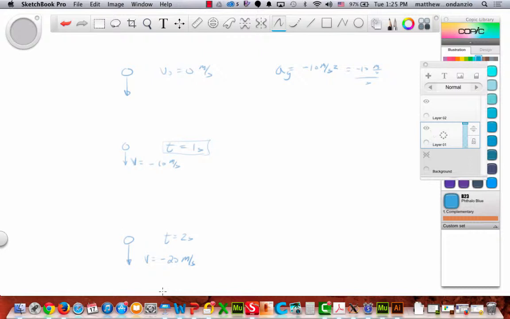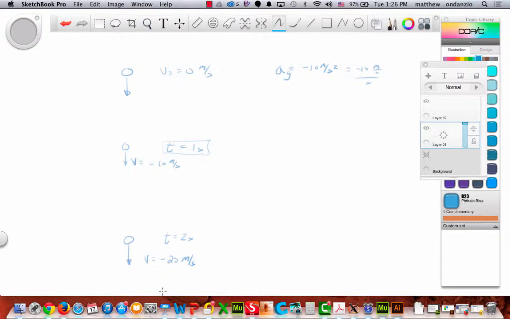Did one affect the other? No, they were independent. So if I give it a horizontal motion, meaning a constant velocity or an acceleration, that will not affect the vertical motion. Right now we're just talking vertical. You deal with them independently.